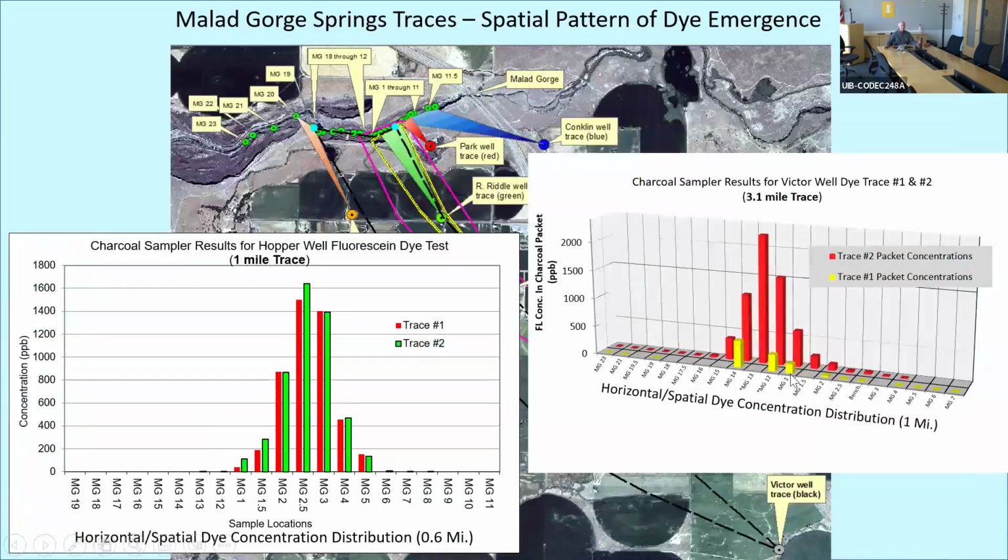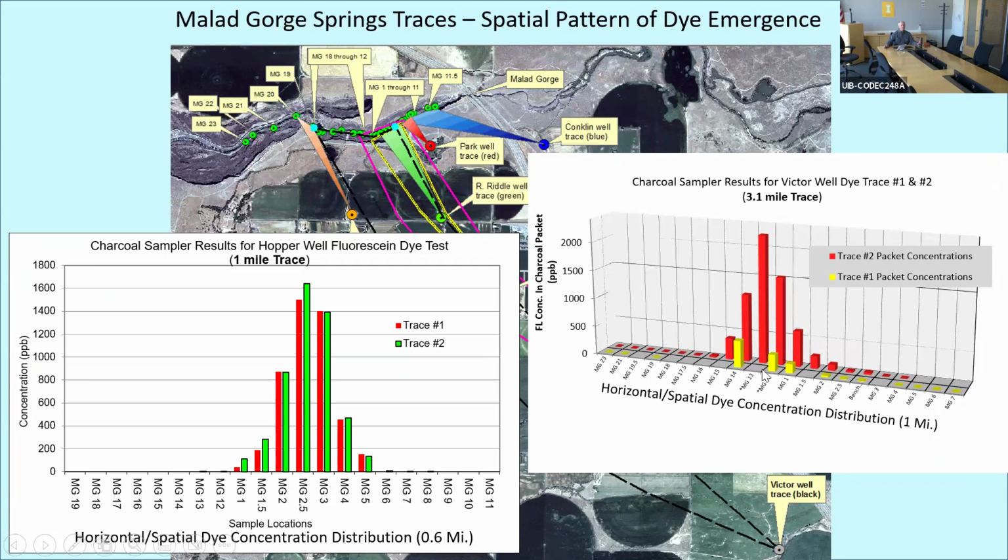So on the right chart over here for Malad Gorge, we did the first trace on a 3.1 mile distance from the Victor well. And that was the yellow column of data results. And you may not be able to see, but there's some zeros in here, these springs here. And then we got some hits here.